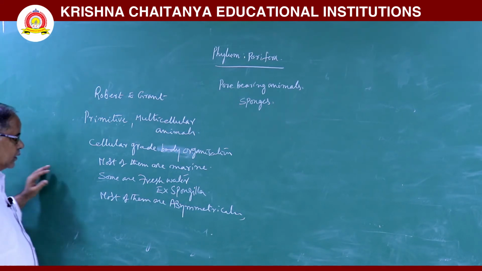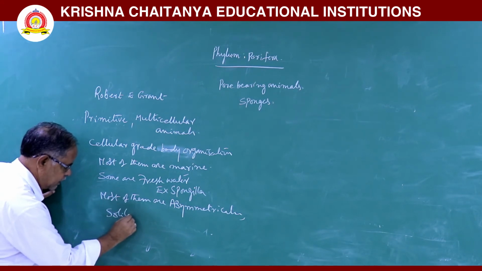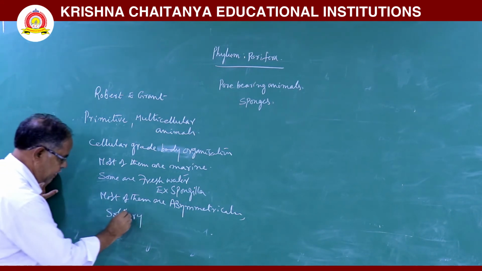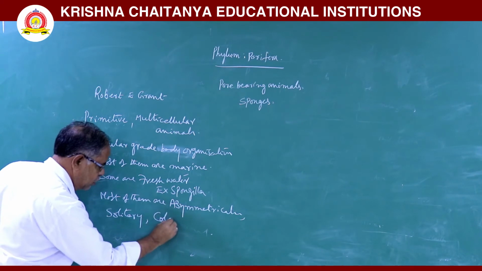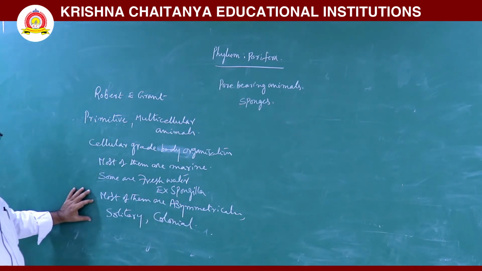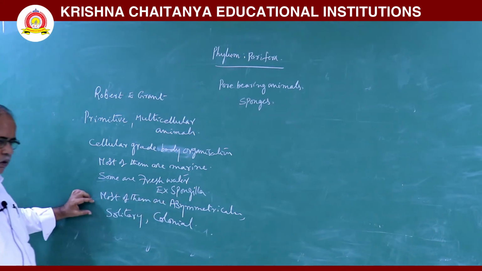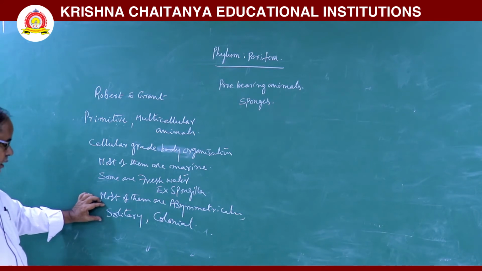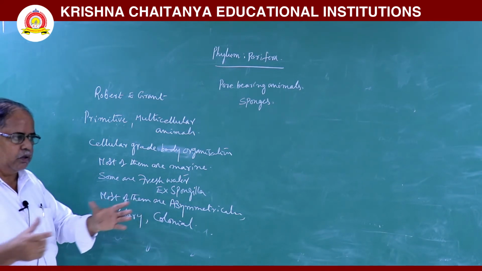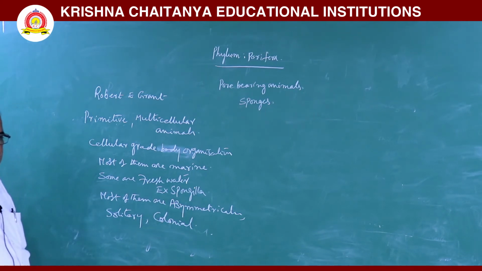Next, some are solitary. Some are colonial forms. Some live individually, single. Some live as a group. So the animals which live individually are called solitary. The animals which live as groups are called colonial forms.